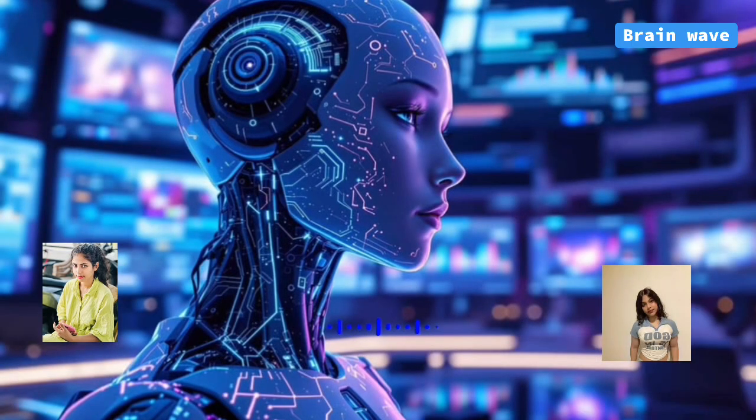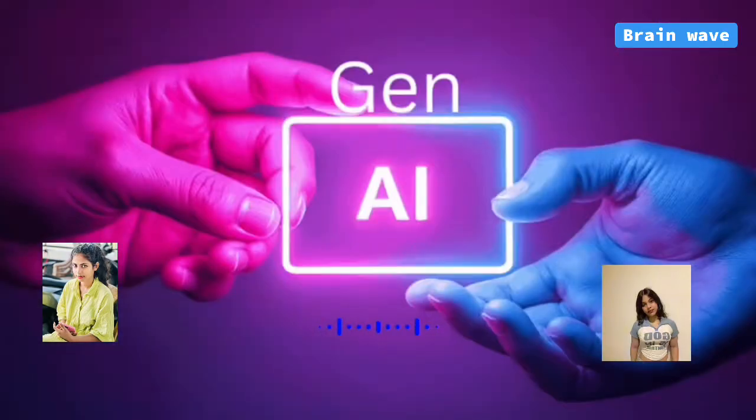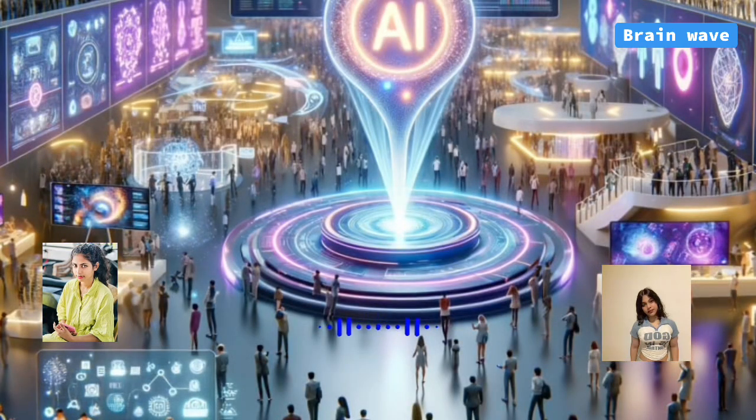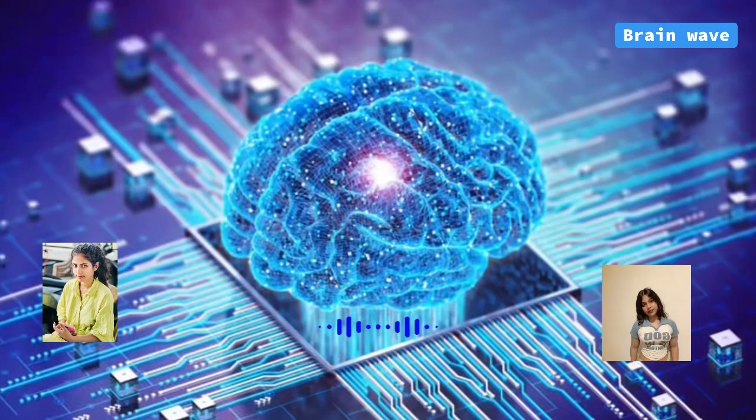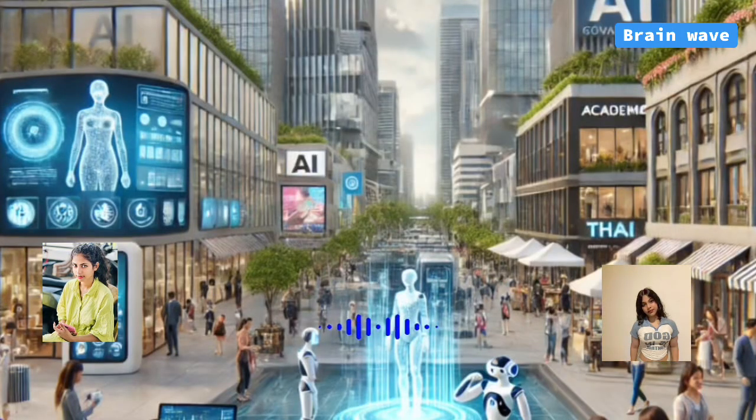Describe it and boom, an image appears. Type 3, video generators. Some AI can create short animations or videos just from your description. Imagine creating a mini movie in minutes instead of months.